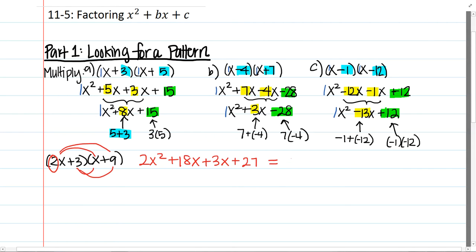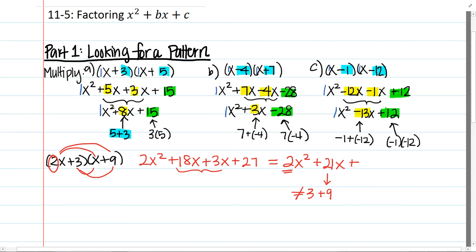So two things are going to be different. We are not going to have an x squared anymore, we have a 2x squared. The next thing that's different is when we combine like terms here, we're going to get 21x. 21 is not 3 plus 9. It doesn't work.